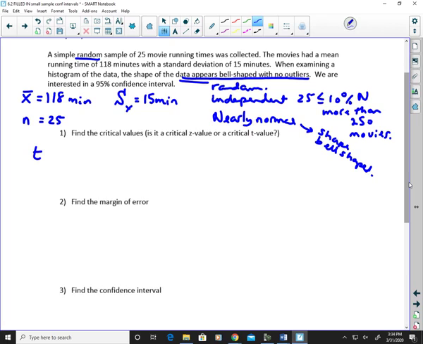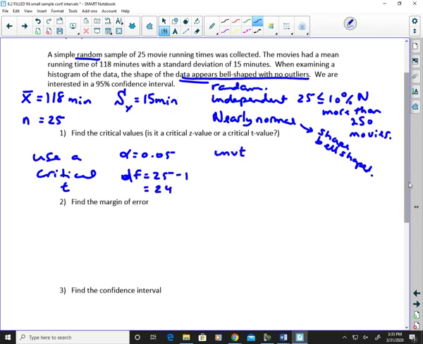Let me write critical T. Some of your quiz questions will just say, which one would you use in this situation? Critical T. And they didn't say 95%, so I'll just write the alpha. This time I'm not drawing the curve. And my degrees of freedom will be 25 minus 1, so 24 will be my degrees of freedom.